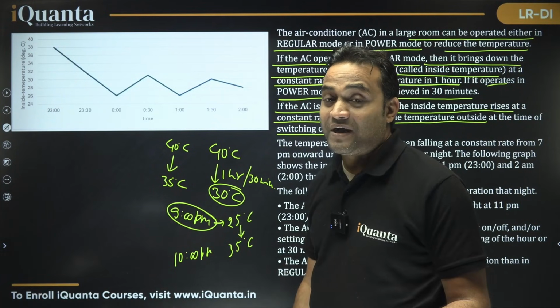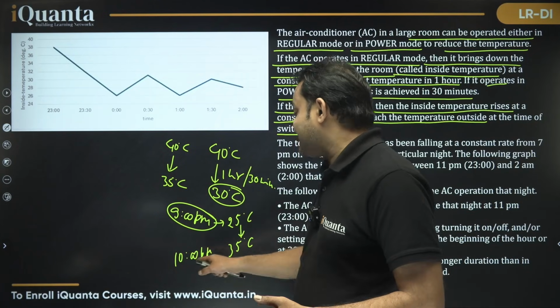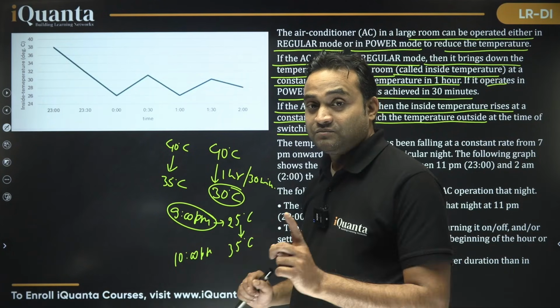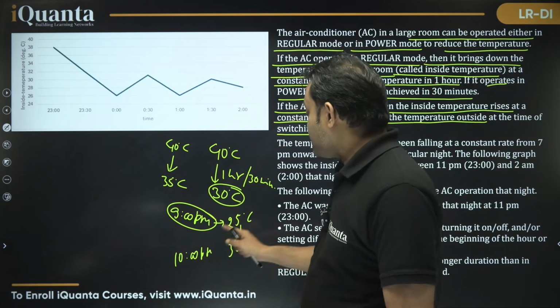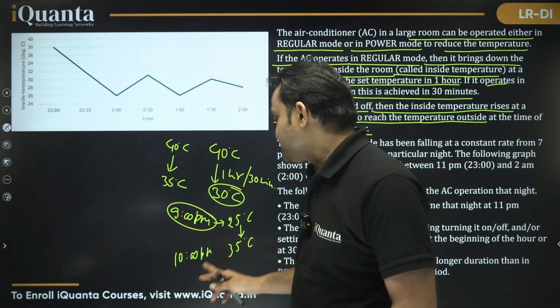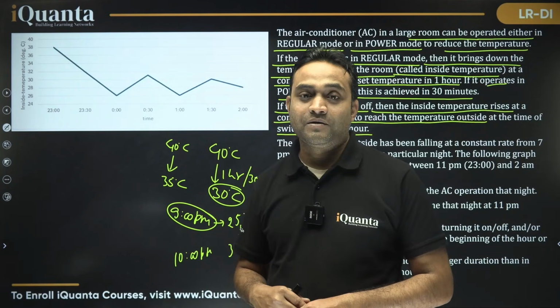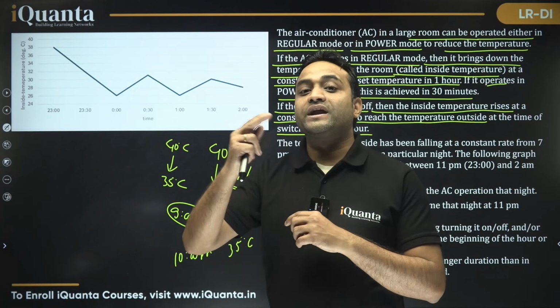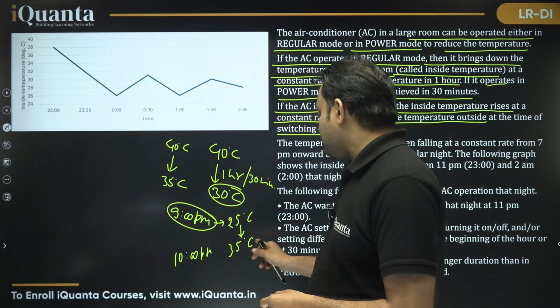Now it doesn't matter what the outside temperature is at 10 p.m. Okay, be clear about it. I'm repeating, at 9 p.m. room temperature is 25 degrees Celsius, outside temperature is 35 degrees Celsius. Now if you turn off the AC at 9 p.m., then it will take 1 hour, means at 10 p.m. the room temperature will become 35 degrees Celsius.